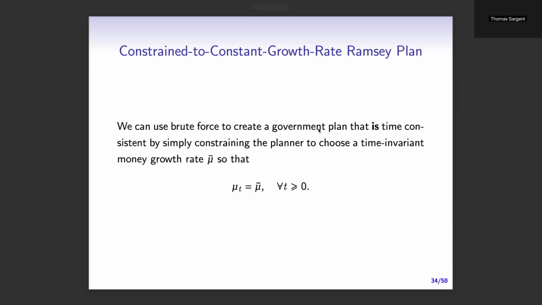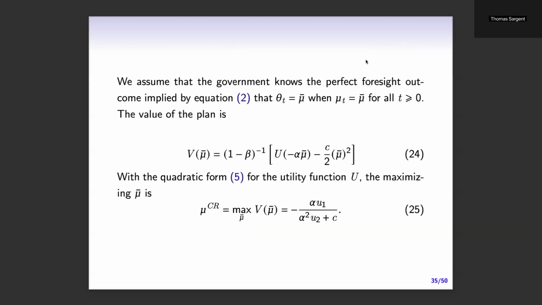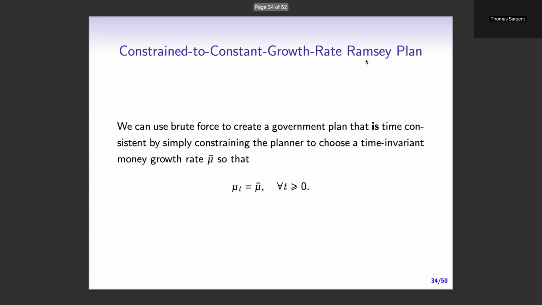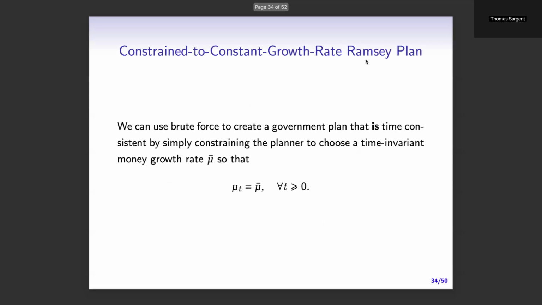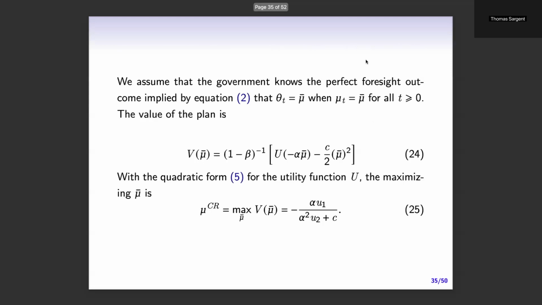We can quickly describe how we're going to compute a constrained-to-be-constant-growth-rate Ramsey plan. Well, we can actually solve that by hand. If we set up that problem, the Ramsey planner just has to choose a scalar. So the problem with a sequence gets replaced by just choosing one number. It's a quadratic problem, and we can compute it by hand.